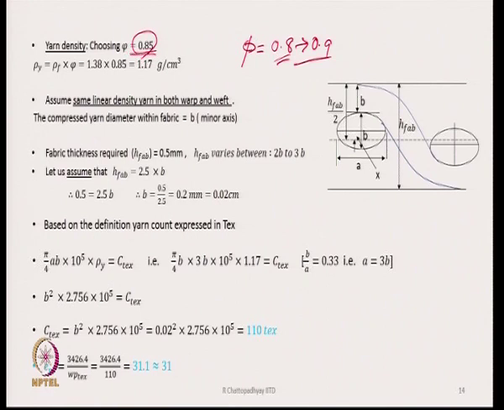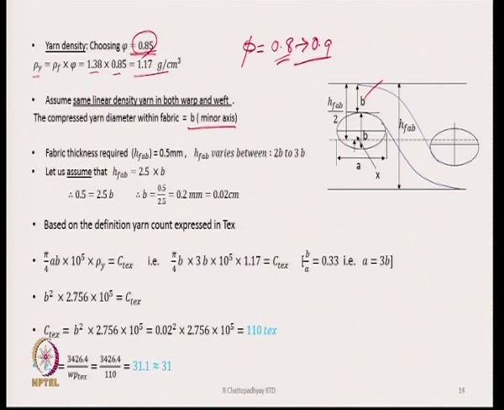If we choose a value 0.85, then the yarn density becomes how much? 1.38 into 0.85, that is 1.17 gram per centimeter cube. That is the density of the yarn. Now, if this is the density of the yarn, then the compressed yarn diameter within the fabric is going to be the minor axis, that is the B. In this diagram, this is the compressed diameter.